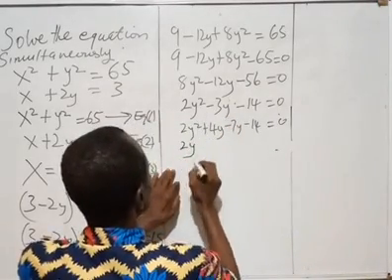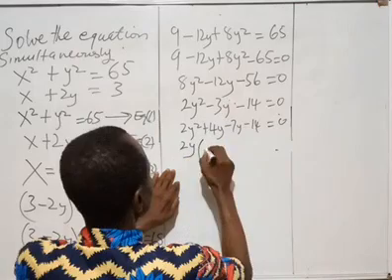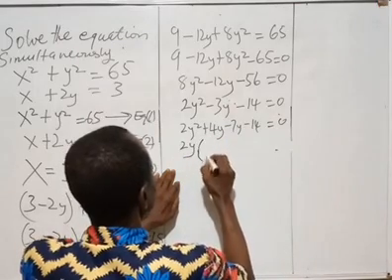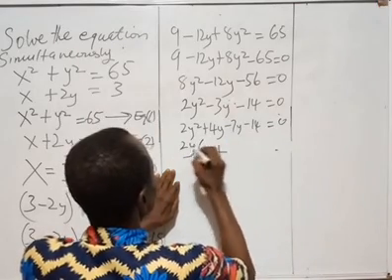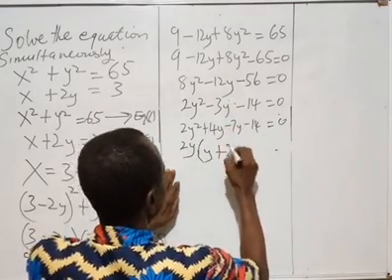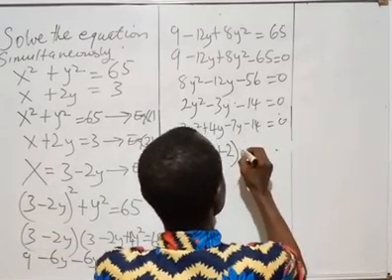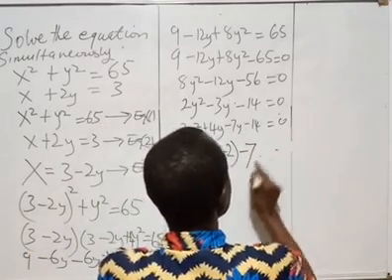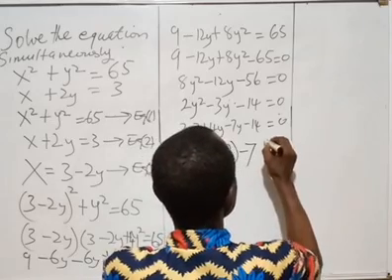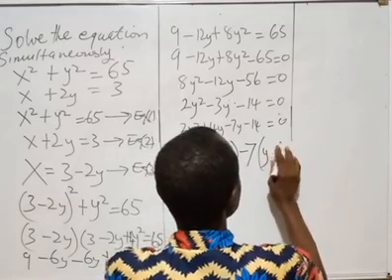So from here, what is common? 2y is common. 2y into 2y squared, I have the y. 2y into 4y, I have the 2. What is common here? You find that minus 7 is common. Minus 7 into minus 7y, I have the y.